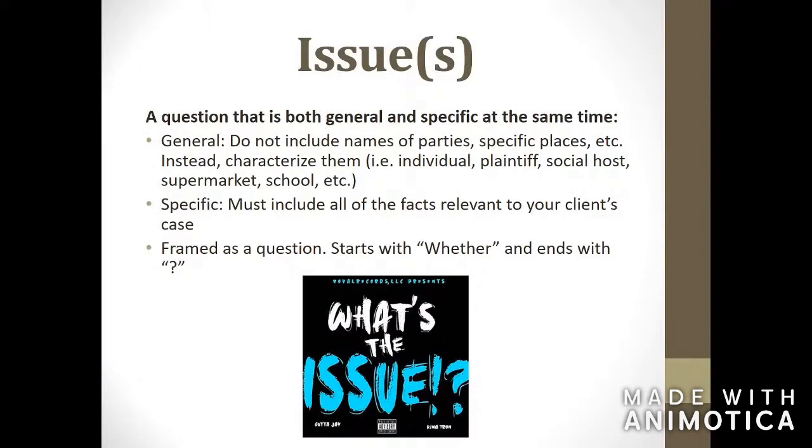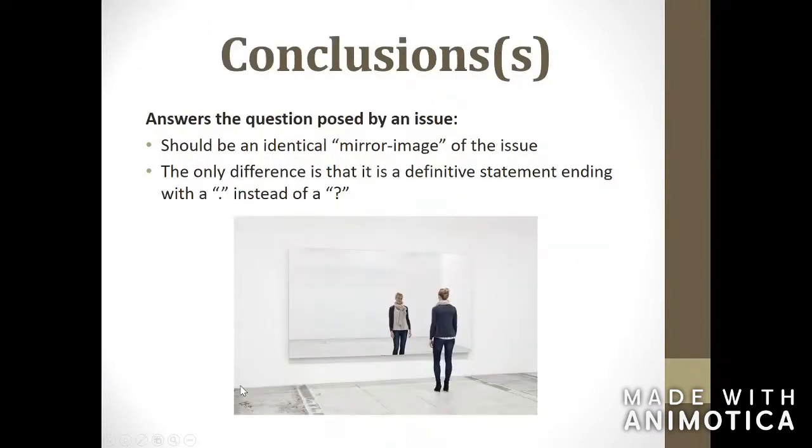Moving right along, from our issue, we're going to go, good, she got it. All right, we're going to go on to the conclusions. Now, the conclusions, again, this shouldn't be foreign to us. The conclusion is a lot like a rule coming out of a case. In fact, what we're doing with a memo is we're synthesizing a bunch of cases together, a bunch of rules together to create a rule that sort of combines all of them.